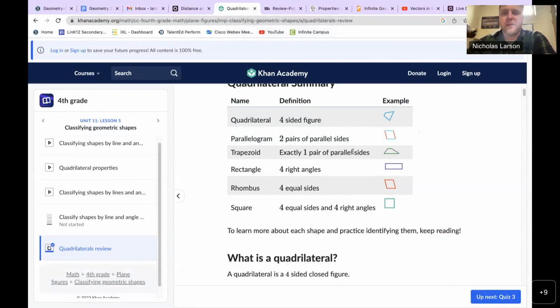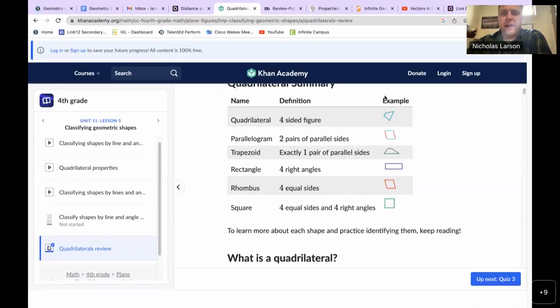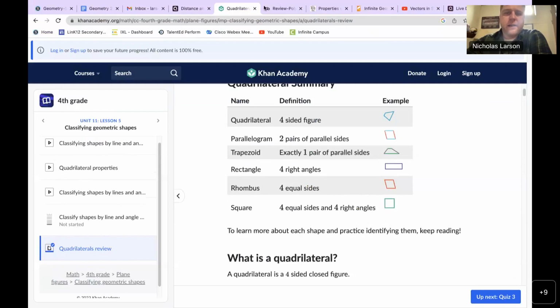A trapezoid, and I think we'll learn more about trapezoids and kites next week, has exactly 1 pair of parallel sides. Rectangles have right angles. Rhombuses have 4 equal sides. And the joke Mr. Larson makes is that if a rectangle and a rhombus had a baby, they would have a square, which is a combination of the two. You've got 4 right angles and 4 equal sides.